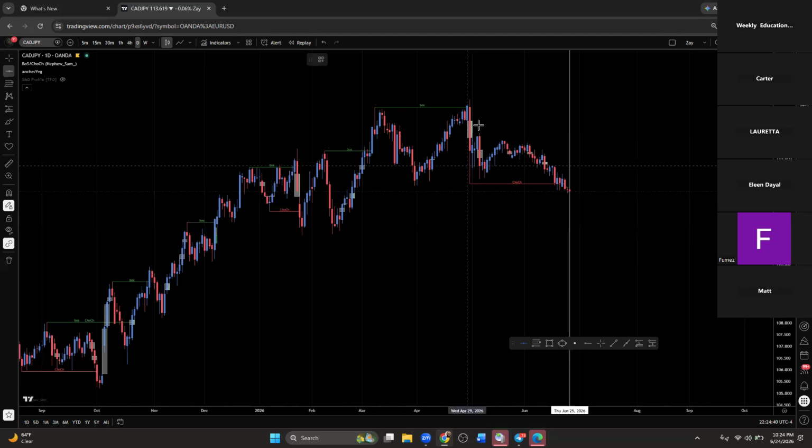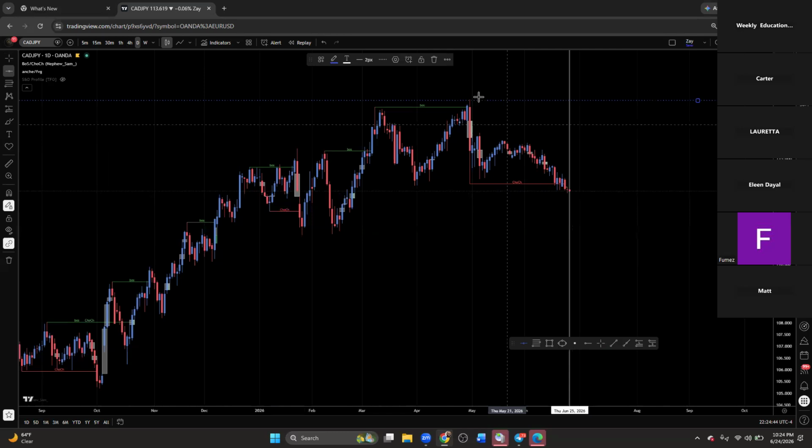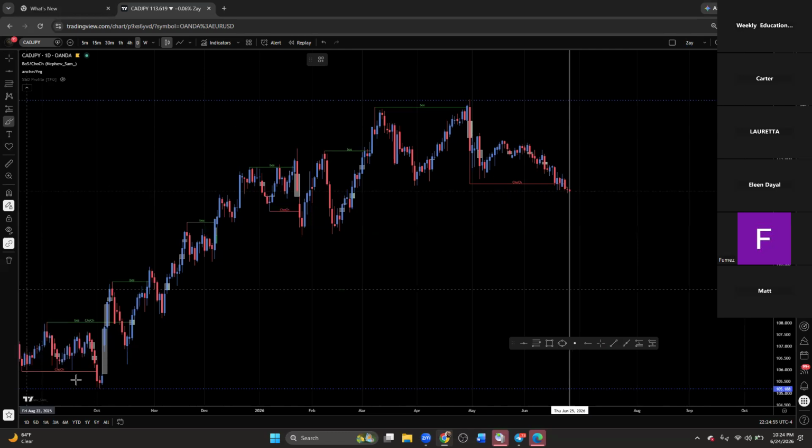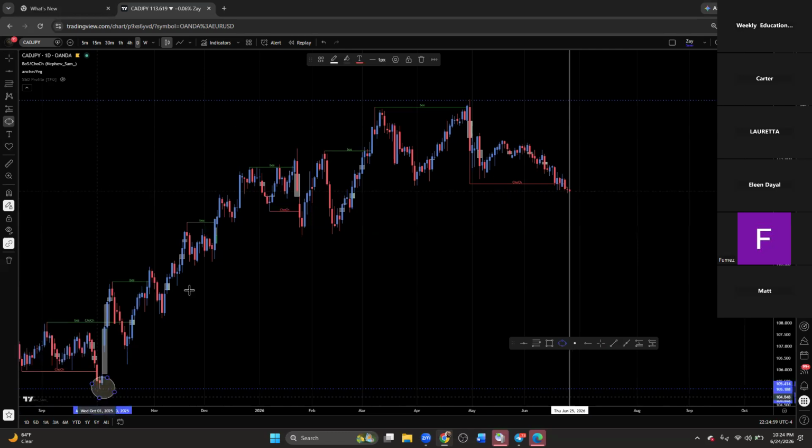The highest point that I see on this chart, technically, is right here. The lowest point that I see on the chart is technically all the way down here. Can y'all see that? Let me mark it so I make sure y'all can see what I mean. So this is the lowest point that I see on this chart, and this is the highest point that I see on this chart.